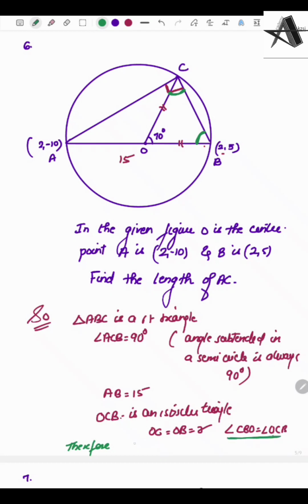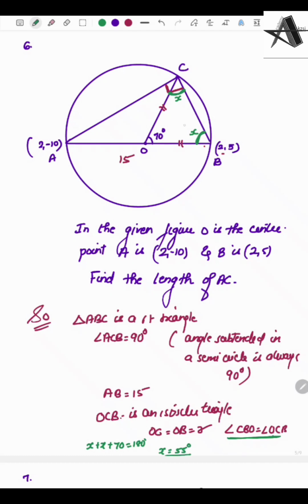If I say this is x and this is x, on applying the angle sum property in this triangle, x plus x plus 70 should be equal to 180 degrees. From here I can say x is equal to 55 degrees.